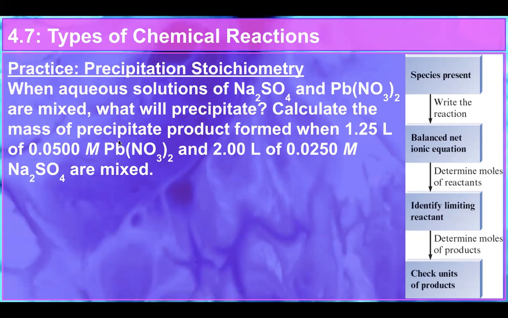But not only that, remember, if you are writing out the net ionic equation, recall that if lead nitrate is involved, there are actually 2 moles of nitrate for every mole of lead nitrate. Or like right here, there would be 2 moles of sodium for every 1 mole of sodium sulfate. So keep that in mind whenever you are working out this problem.